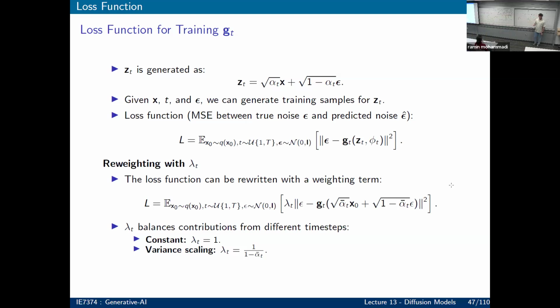So that model is trained to predict that noise for you. You compare it with the noise you sampled, and that becomes the idea of denoising. So your loss function becomes much easier and your training becomes much more efficient, because now you can sample, you don't need a sequential loss.